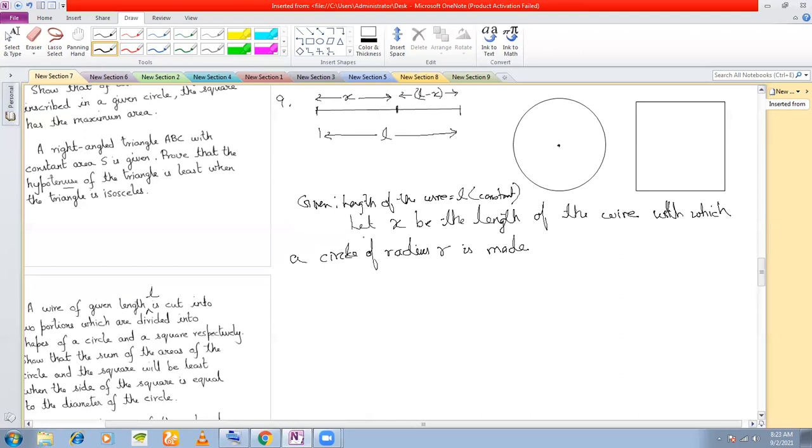Now if the X part of the length of the wire is used to make the circle of radius R, therefore 2 pi R must be equal to X, right? That means we get here R is equal to X by 2 pi. Here X and R both are variables.